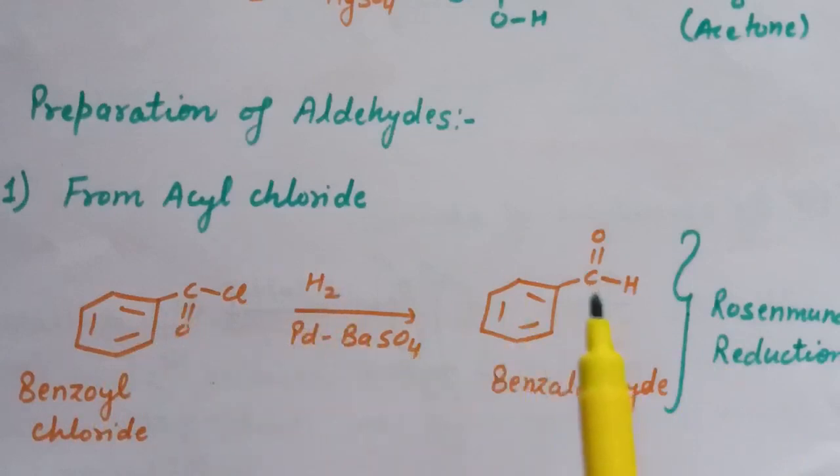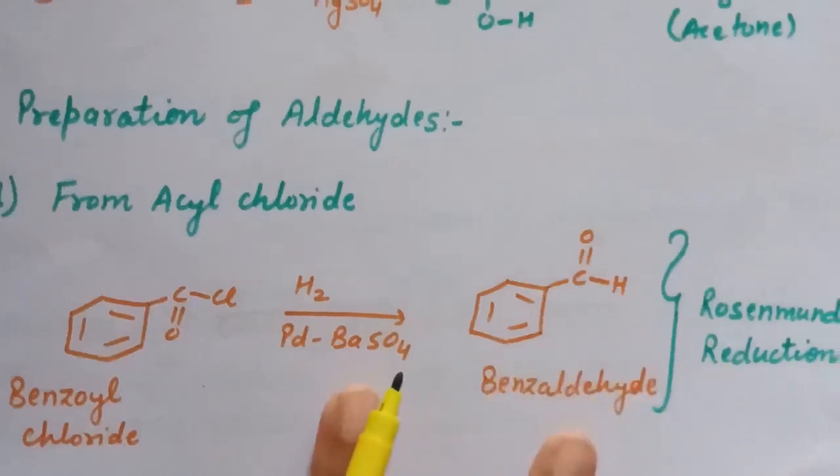This converts to CHO, and the name is benzaldehyde, because the CHO group, the aldehyde group, is attached to a benzene ring. Therefore the name is benzaldehyde or benzene carbaldehyde.